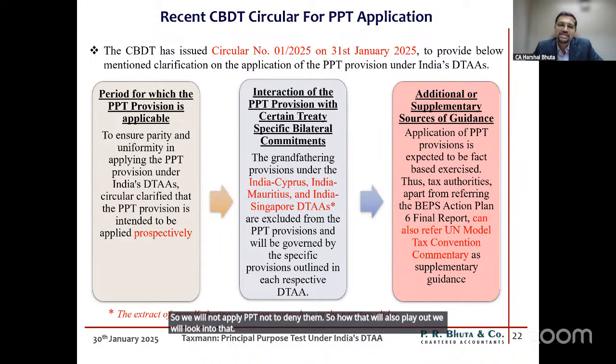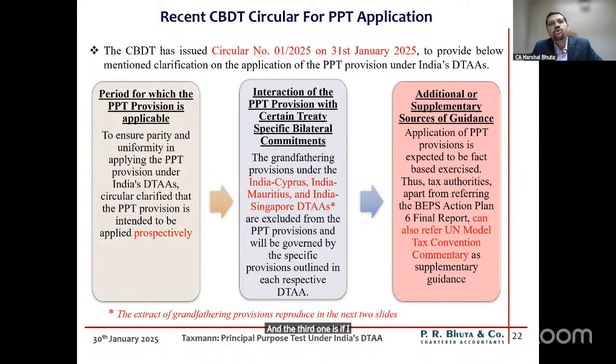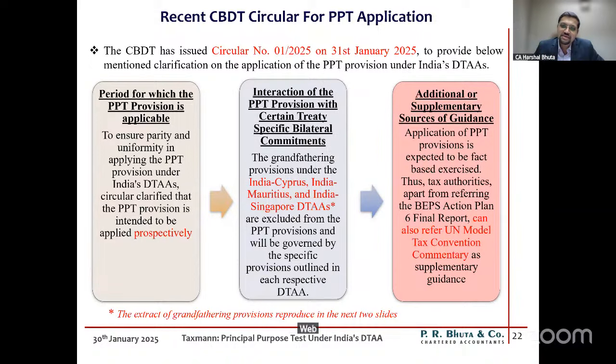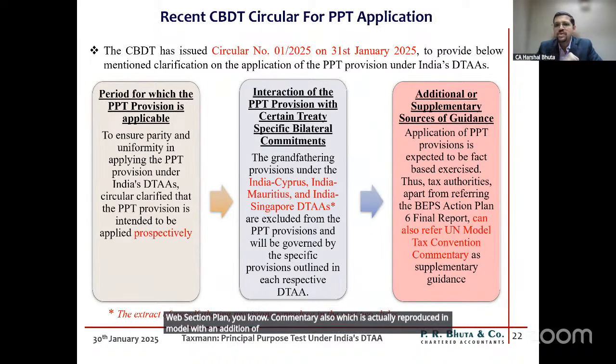And the third one is, if I have any doubt for application of PPT, where do I look for? I have to look for it in the UN model tax commentary, the commentary also, which is actually reproduced in the UN model with an addition of that example N that was there. And also take into account India's reservations. So that is something that is very surprising, because there is no concept of reservation under the UN model.